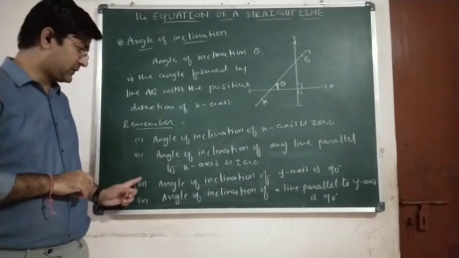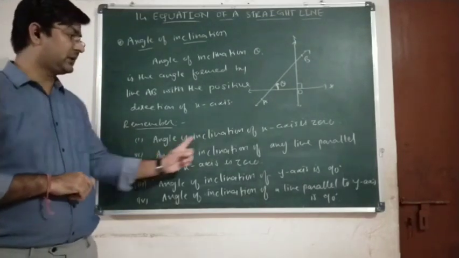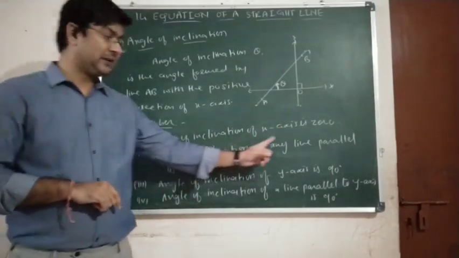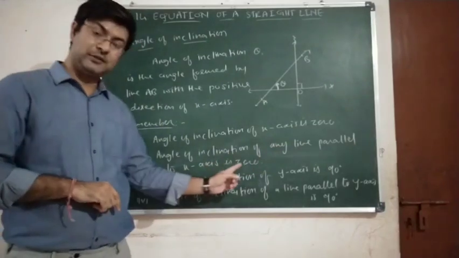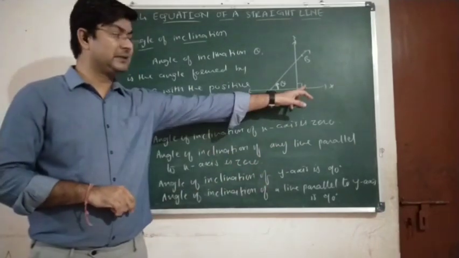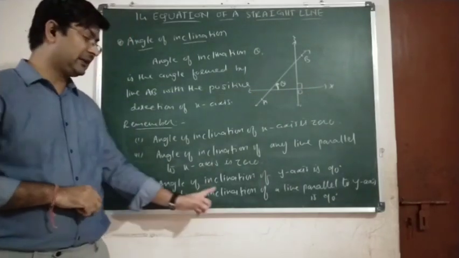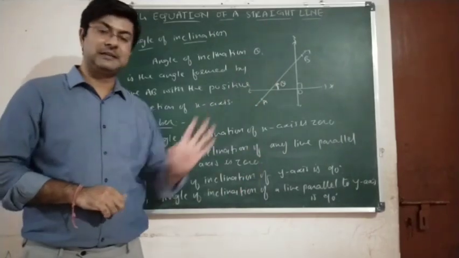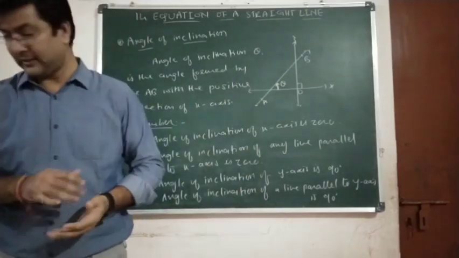Again, the 4 points we will remember: angle of inclination of x-axis is 0, angle of inclination of any line parallel to x-axis is also 0, angle of inclination of y-axis is 90 degree, and angle of inclination of any line parallel to y-axis is also 90 degree. Clear?